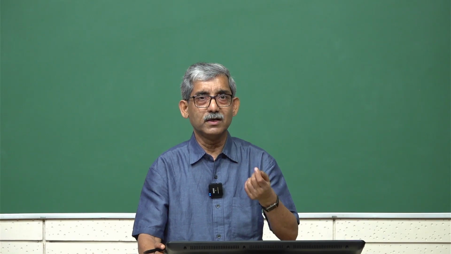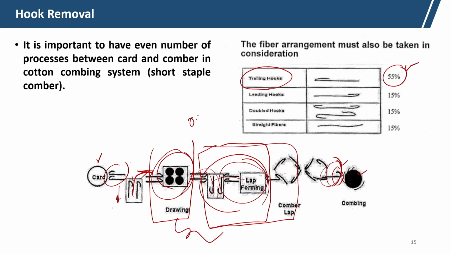So, if we use an odd number of processes, what will happen? The comber lap will feed a lap where the majority of fibers will be in the trailing hook direction. In that case, the fiber extent will remain smaller.